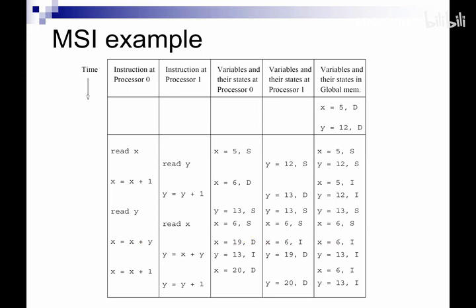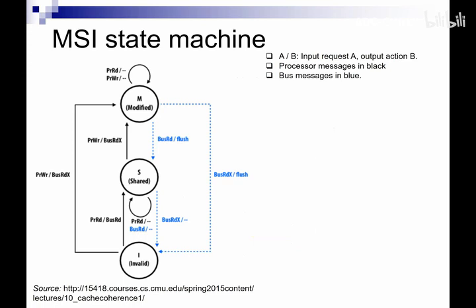All right, so now let me tell you how the actual protocol goes. We can express this protocol using a state machine. So we have this diagram which I took from online, and the way this diagram works is that you notice that you have these pairs of things, these A-B pairs.